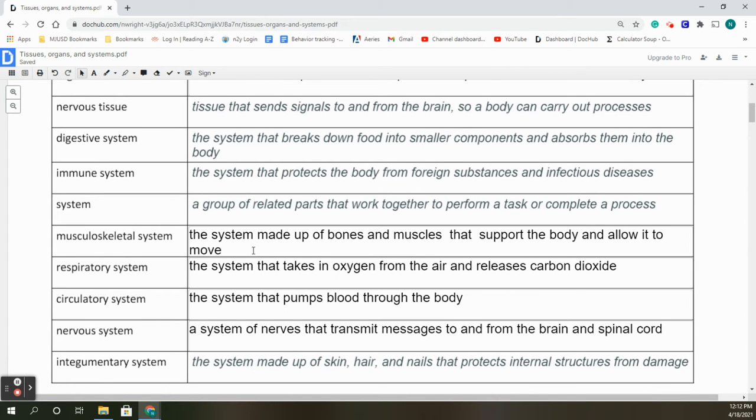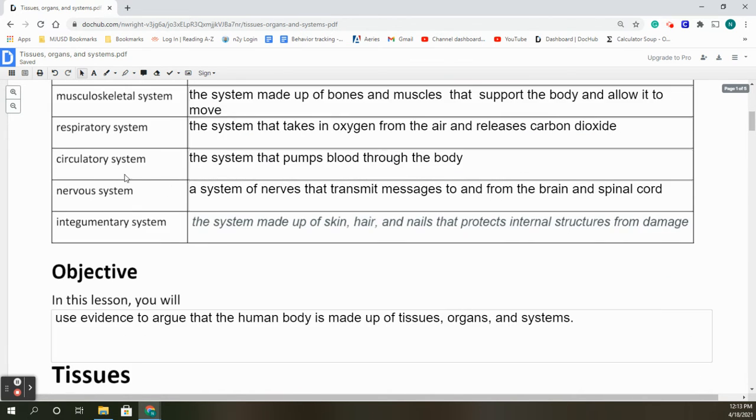Skeletal system, the system made up of bones and muscles that support the body and allow it to move. Respiratory system, the system that takes in oxygen from the air and releases carbon dioxide. Circulatory system, the system that pumps blood through the body. Nervous system, a system of nerves that transmit messages to and from the brain and spinal cord.